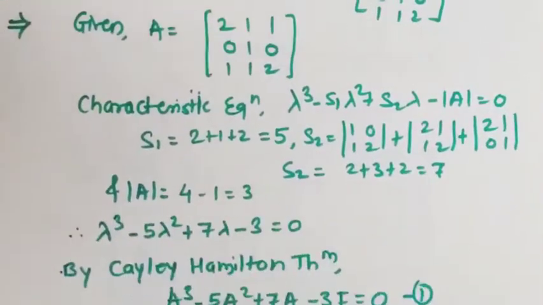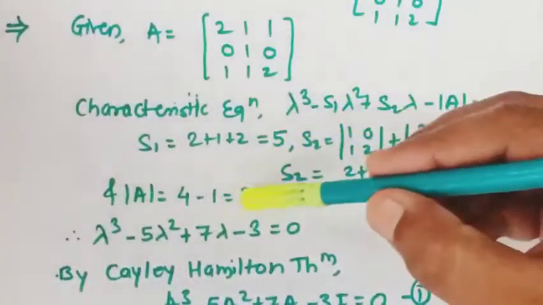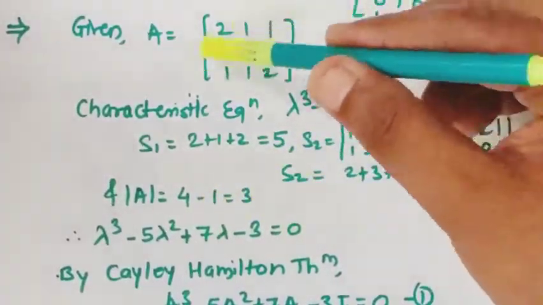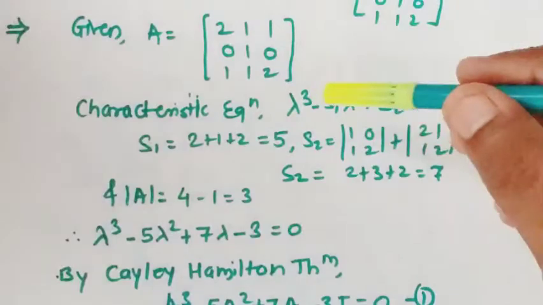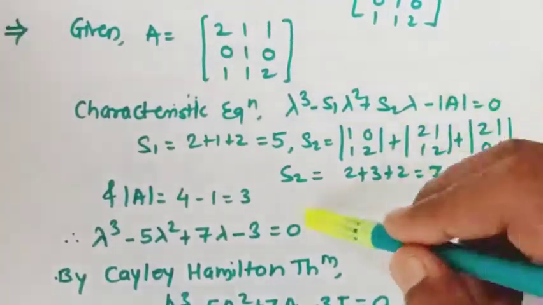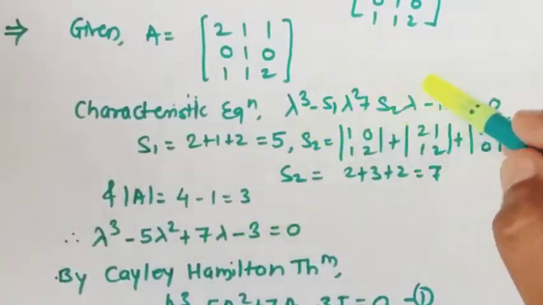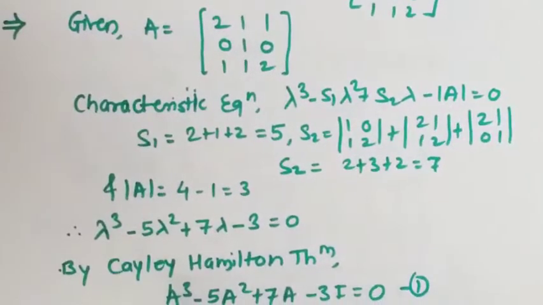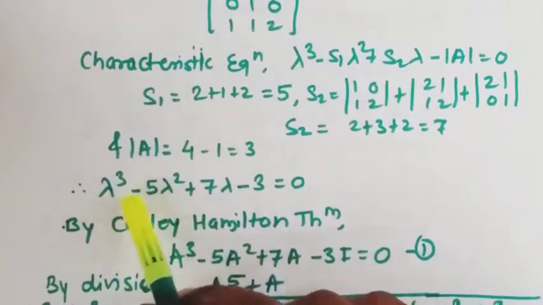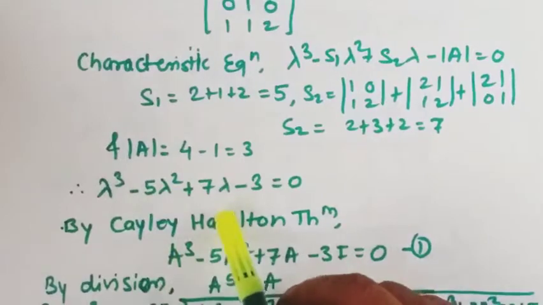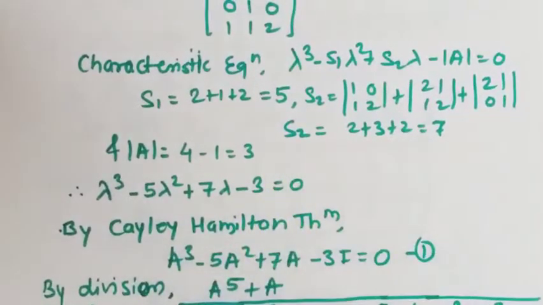Now the determinant of A, you know how to calculate it, is 3 here. Now we have determined s1, s2 and determinant of A, so let us substitute the values in this equation. We get the characteristic equation of the matrix as lambda cube minus 5 times lambda square plus 7 times lambda minus 3 equal to 0.